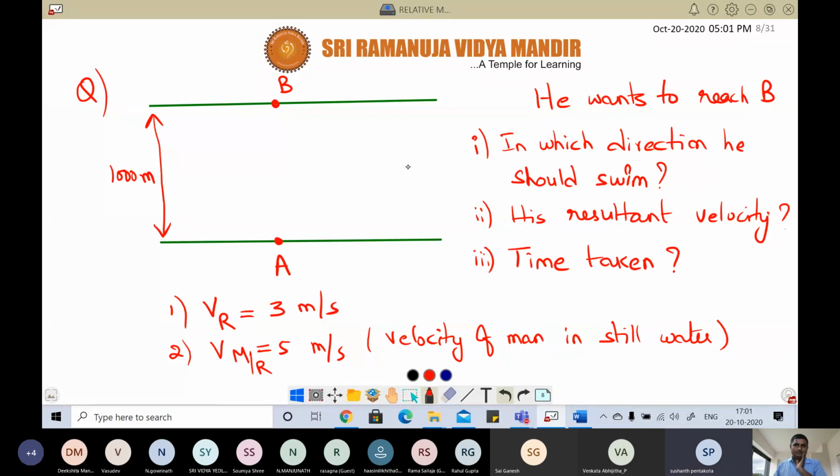Next one I'm getting root 34 only, sir. Okay. Anybody else has any answers? Abhijita, any answer? Sir, time taken is 250 seconds, sir.